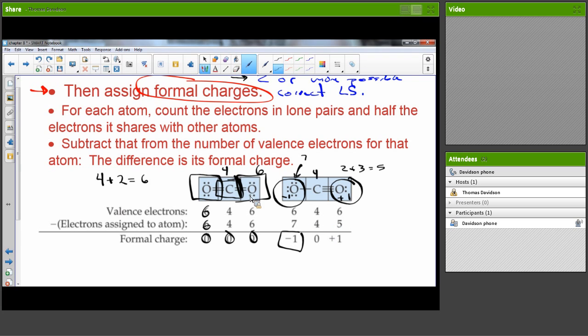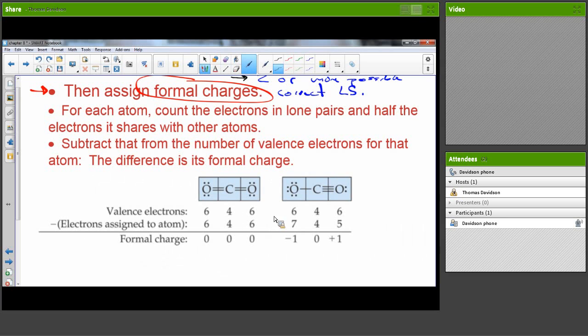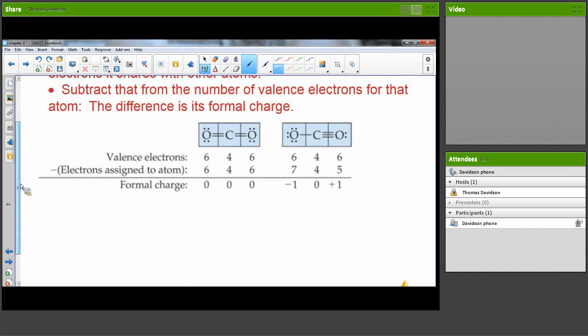So when we have 2 Lewis structures that will work, we select the correct one to be the one that has the fewest number of formal charges. So this has 0. Or we choose the one that puts the negative on the most electronegative atom.